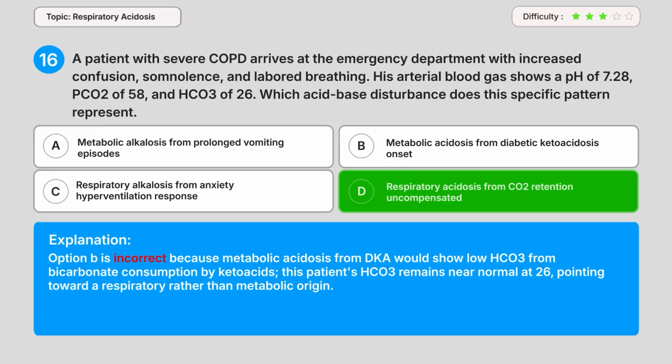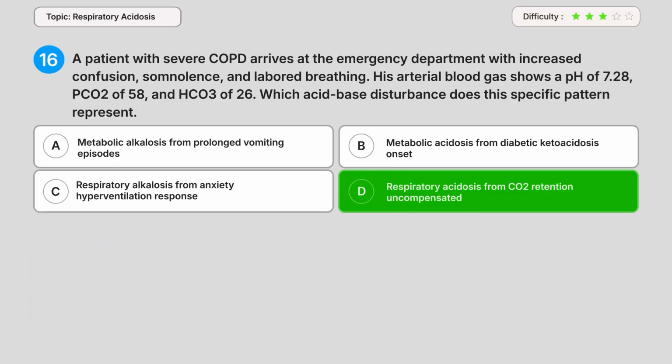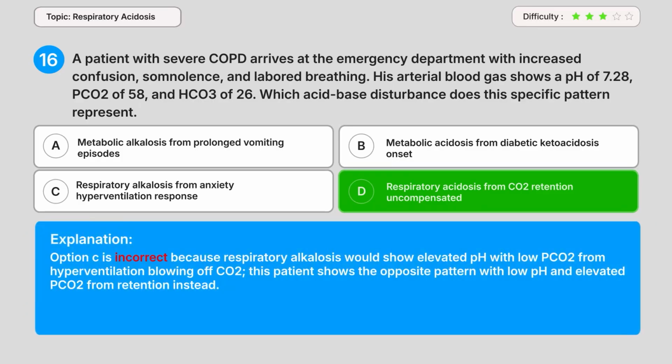This patient's HCO3 remains near normal at 26, pointing toward a respiratory rather than metabolic origin. Option C is incorrect, because respiratory alkalosis would show elevated pH with low PCO2 from hyperventilation blowing off CO2. This patient shows the opposite pattern with low pH and elevated PCO2 from retention instead.